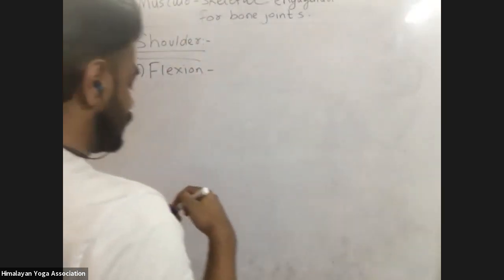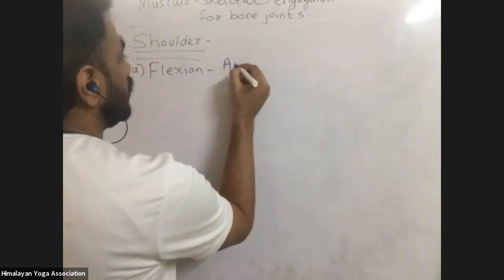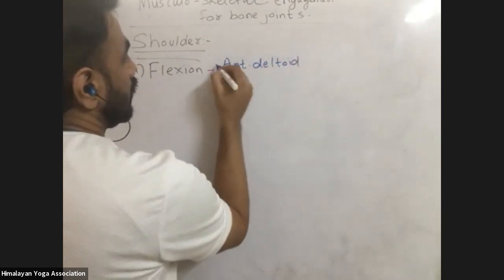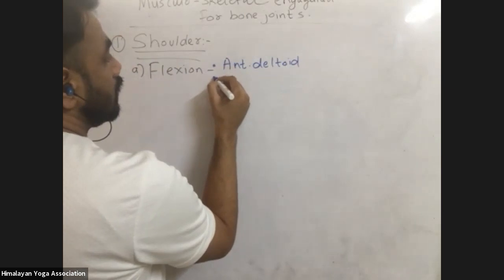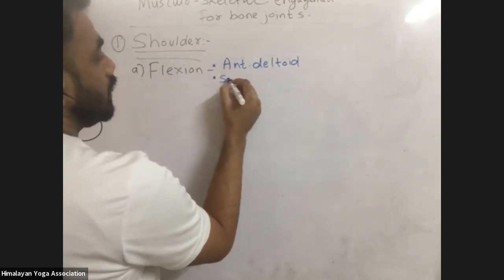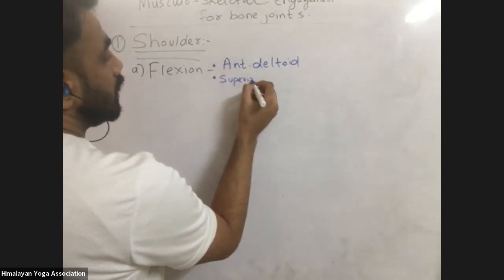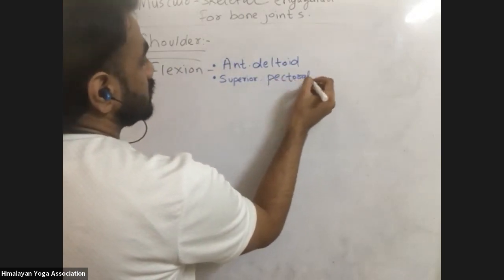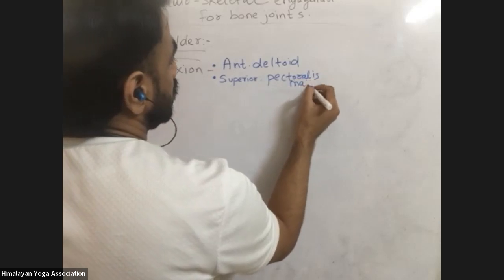What will you write here? Anterior deltoid and superior pectoral muscle. Superior means at the top. Pectoralis major muscle.